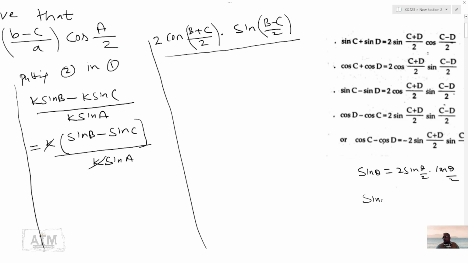Therefore, sine A equals 2 sine A by 2 dot cos A by 2. So in place of sine A, we can write 2 sine of A by 2 dot cos of A by 2. These 2 and 2 get cancelled.